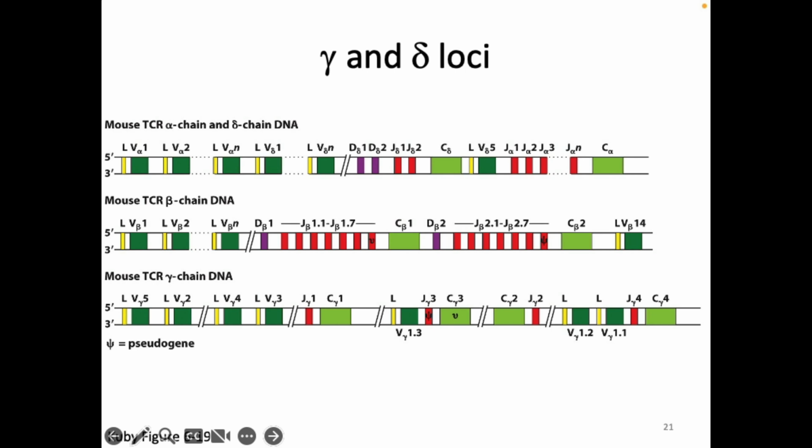So let's imagine for a second that we have a developing T cell that does VJ rearrangement, because it's a light chain, for alpha. Let's imagine that we are going to join together V alpha 2 and J alpha 2 to make an alpha chain.